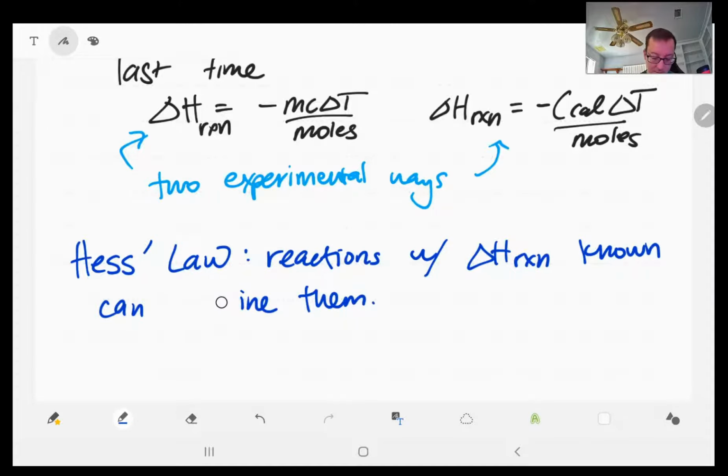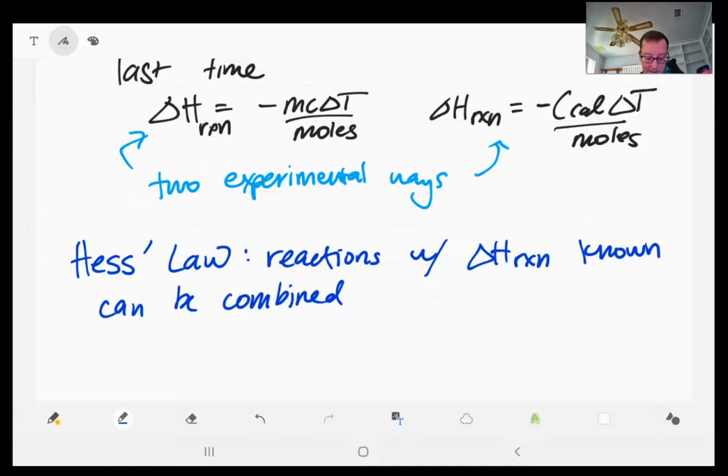They could be combined. The reason this is going to be very useful is because we don't have to worry about doing all these coffee cups and bombs and all sorts of things. If we already have values that have been calculated by someone else, these are often standardized, we can just take them and use them to our advantage.